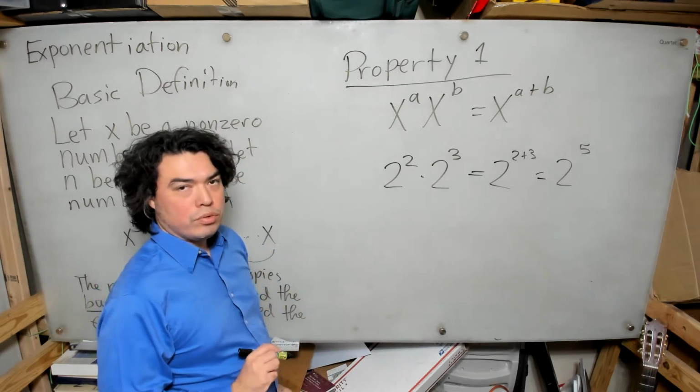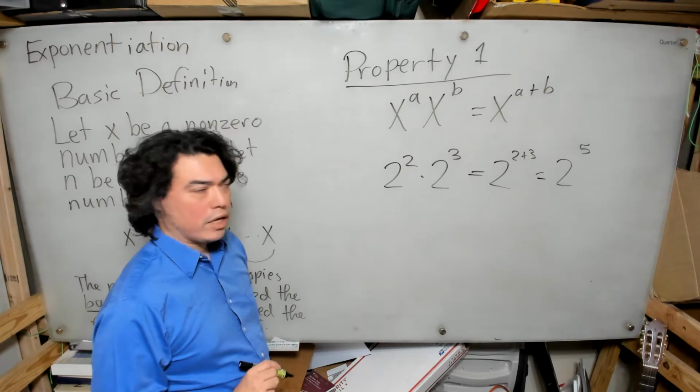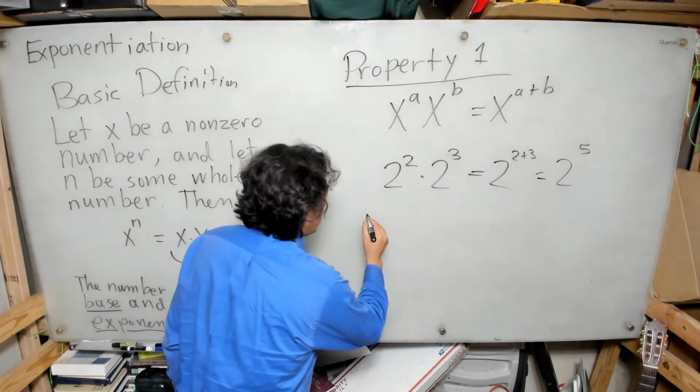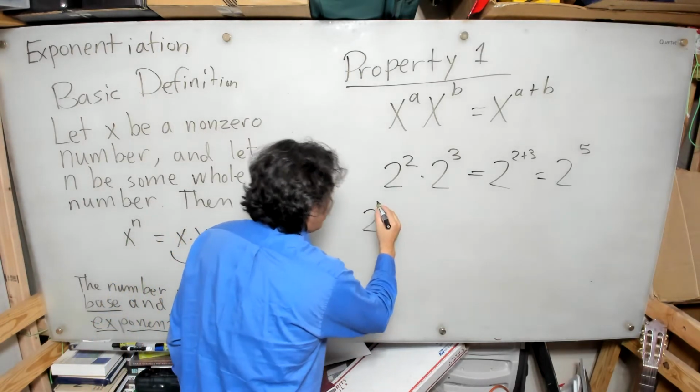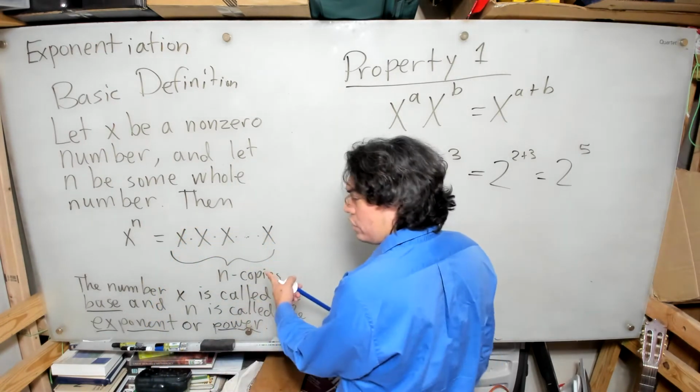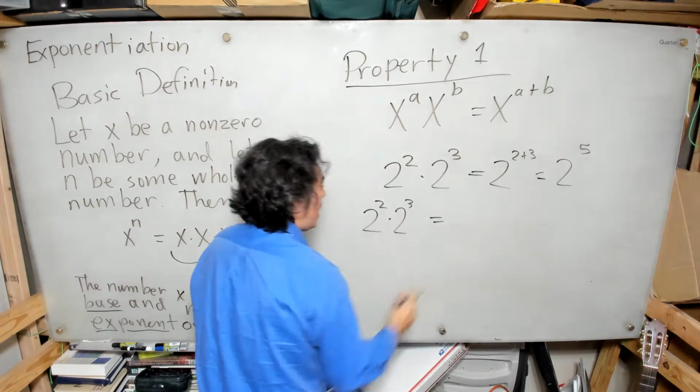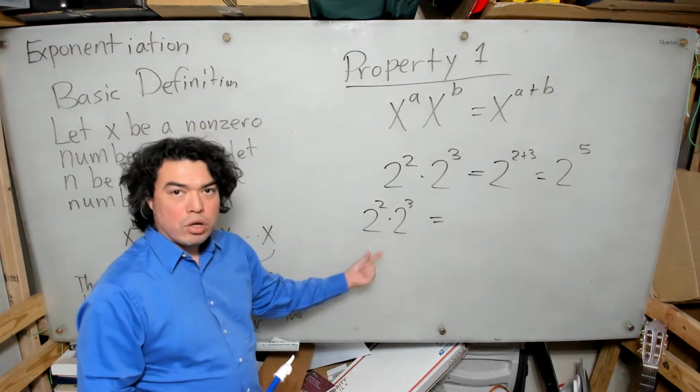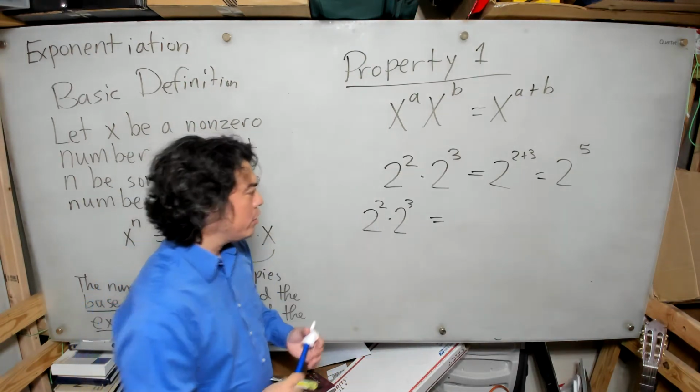Now I'm going to show you that this is not entirely out of whack. If I look at 2 squared times 2 cubed, using our definition, I can replace 2 squared with 2 times 2.